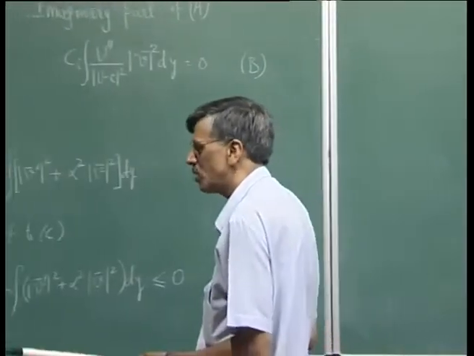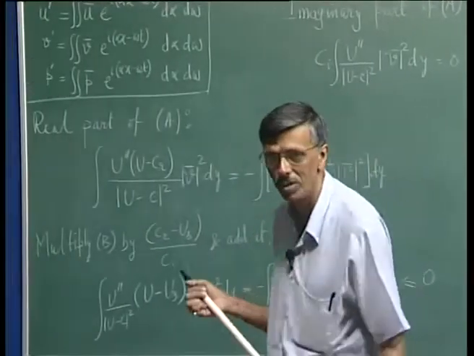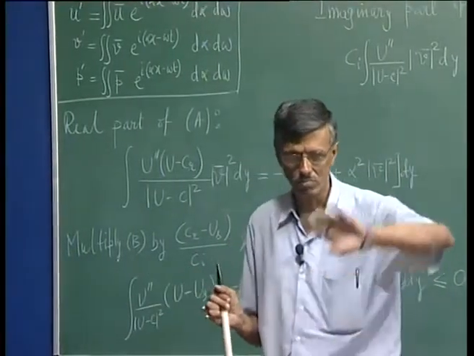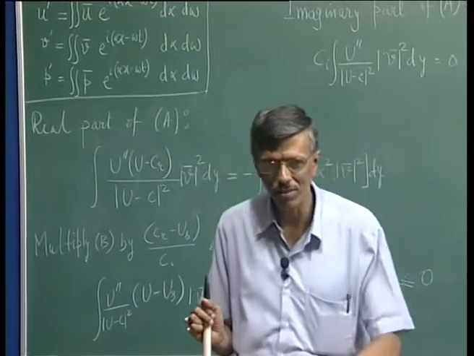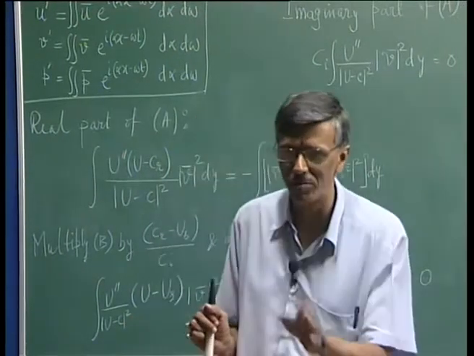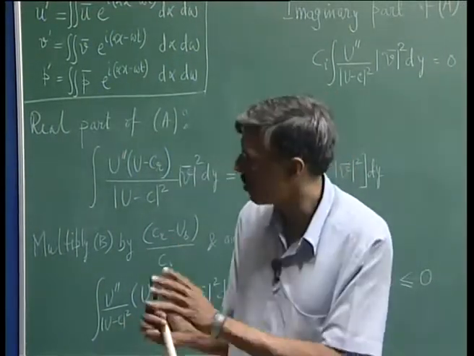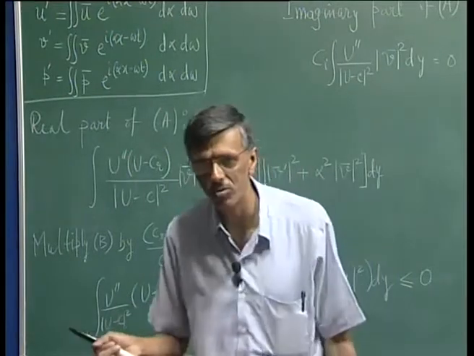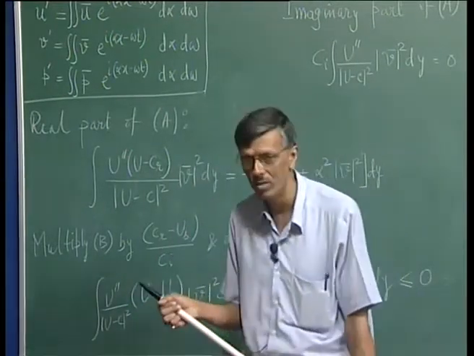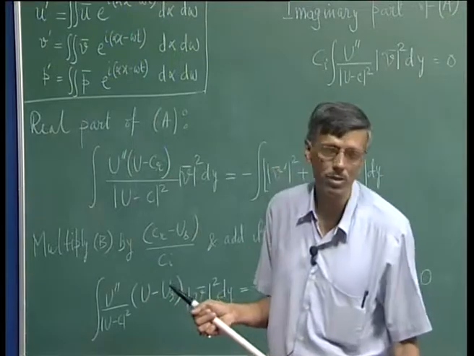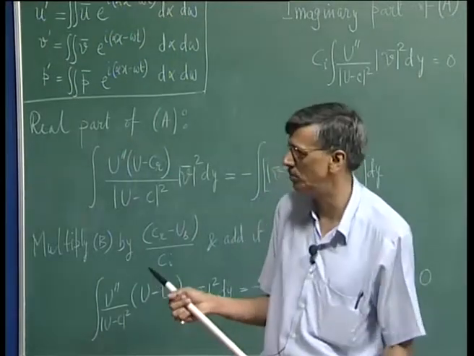The corresponding equation is called the Orr-Sommerfeld equation, which is different from your Rayleigh's equation. Rayleigh's equation talks about inviscid instability. The corresponding viscous instability governing equation is called the Orr-Sommerfeld equation. That is what we are going to discuss now.